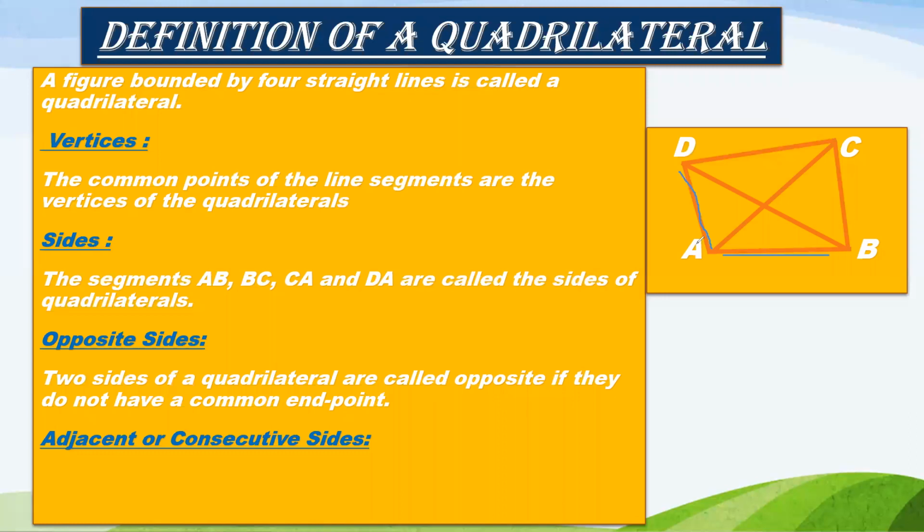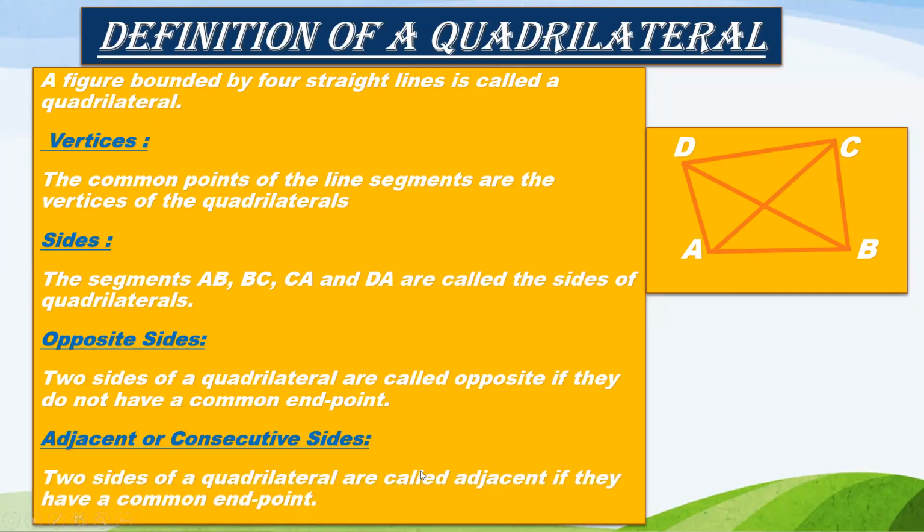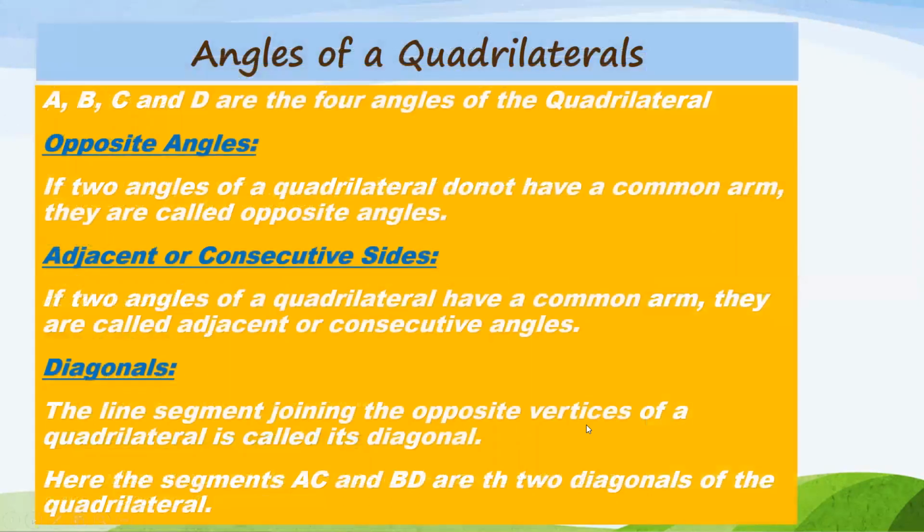Because there is a common endpoint between these two sides, and the common endpoint is A. So side AD and side AB are called adjacent sides because there is one common endpoint between them. So here, two sides of quadrilaterals are called adjacent if they have a common endpoint, right? So this is all about the sides of quadrilaterals.